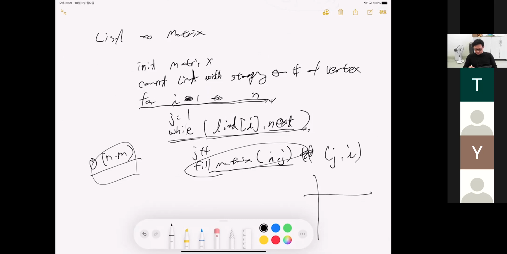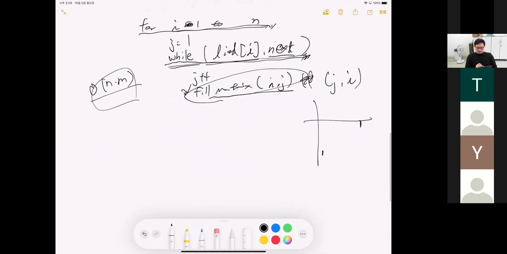Because in the adjacency list, if it is 1, it should be 1 too, right? So this is a simple job to do, and if there's next and next, then can I reduce it? Because there is a duplicate, right?